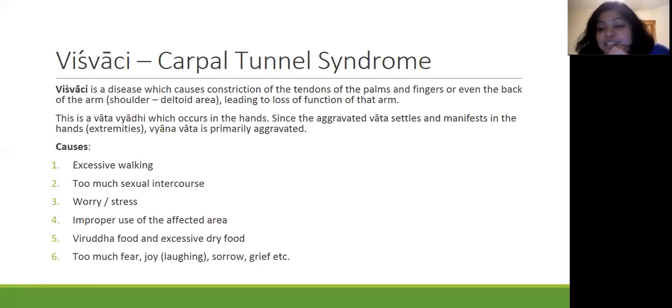So for instance, in this particular condition, where there is more movement or use of the hands, the same aggravated Vata settles in this area and starts to produce a Vata Vyadhi, okay? So the causes that can aggravate Vyana Vata: excessive walking, because that's a type of activity that involves the whole body, okay?